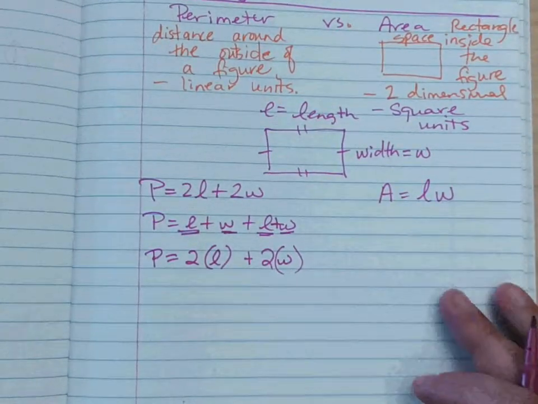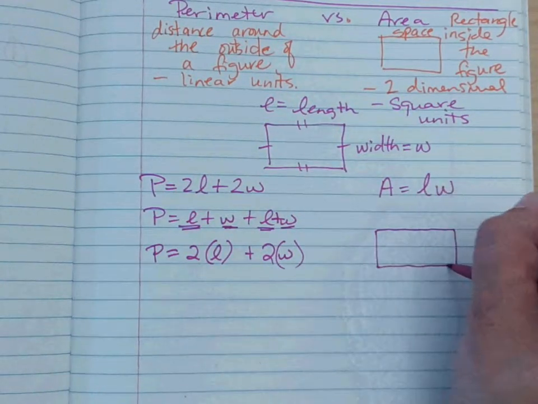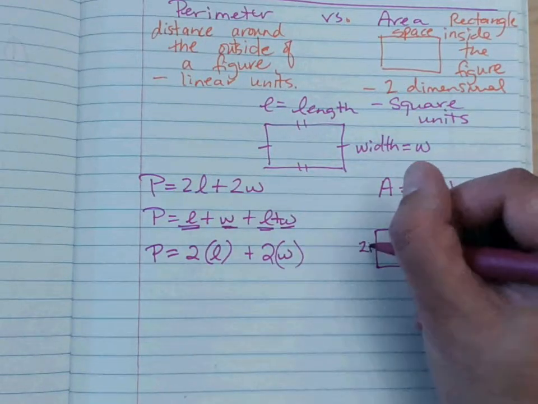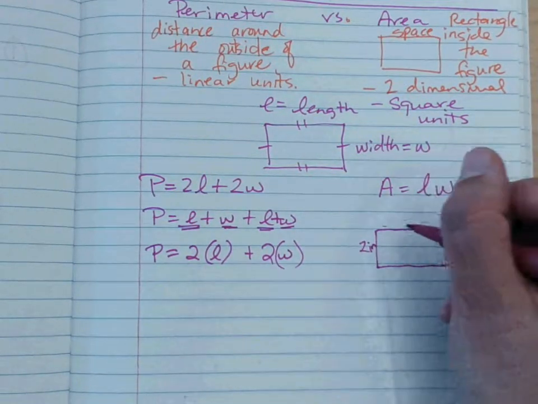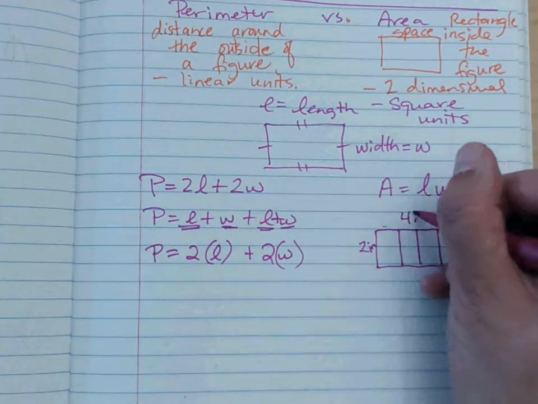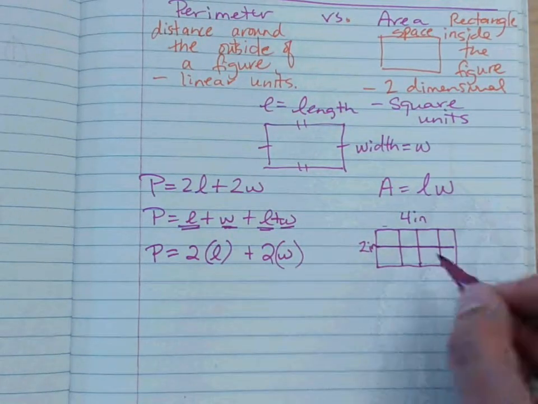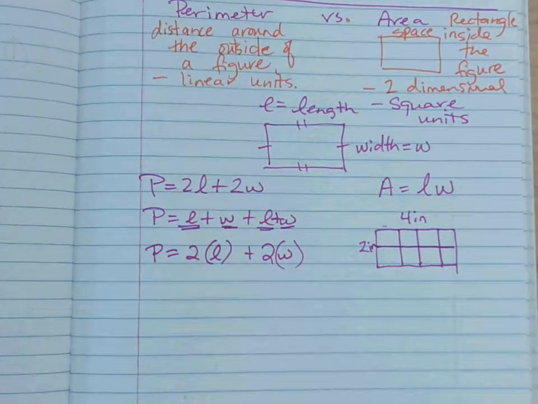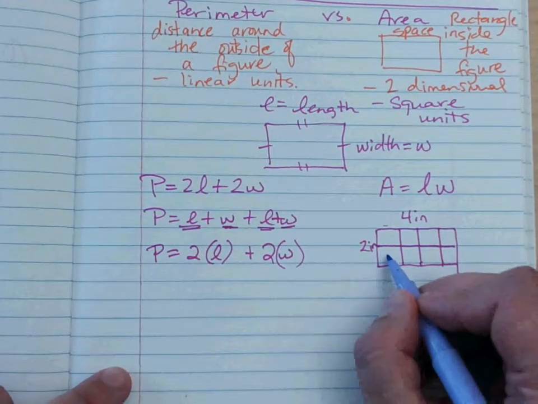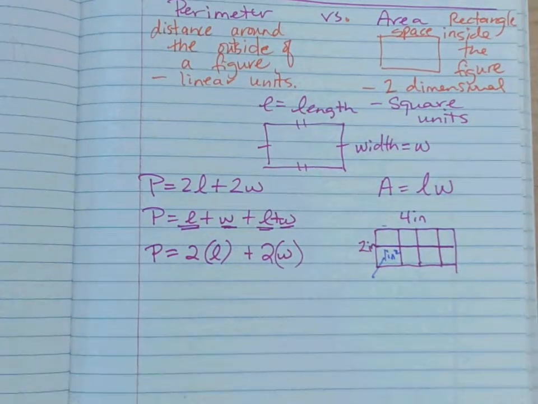And let me give us an example why that is. If I were to draw this rectangle right here, and let's say this is 2 inches, and then across is 4 inches, what is going to be the area of that? Well, every single square here is 1 square inch, or 1 inch squared.